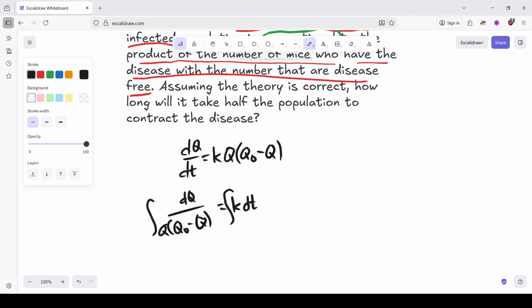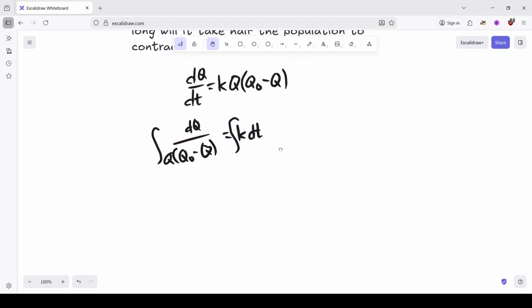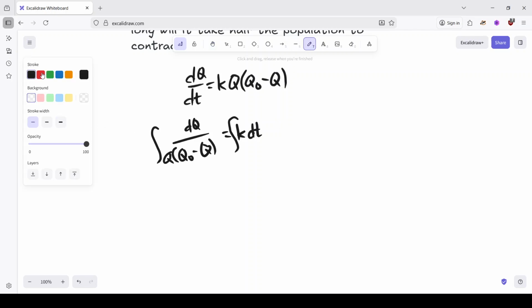Okay, and then on the left side of our equation, we have dQ over Q times (Q sub O minus Q). To simplify or to lessen the complications, let's replace this with 500. So we can minimize the variables.